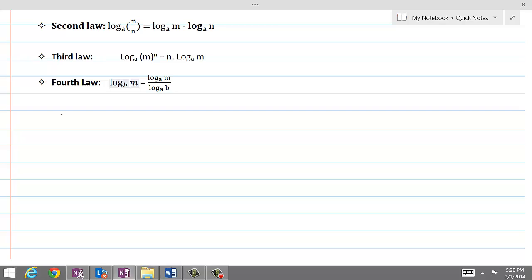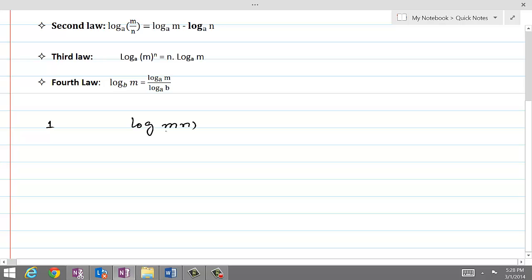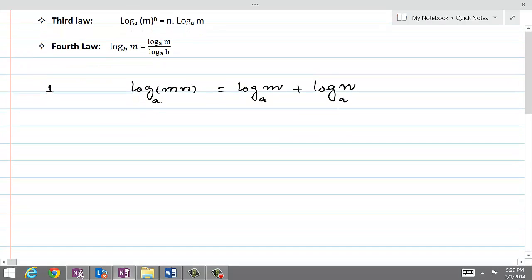The first law is that log of the product of two numbers m and n base a is equal to log of m base a plus log of n base a. Now on the right hand side there are two terms.